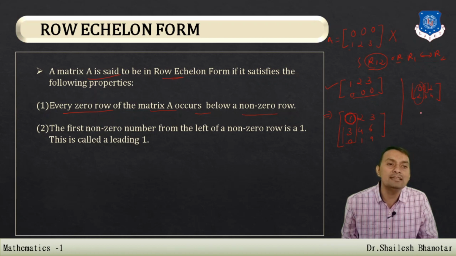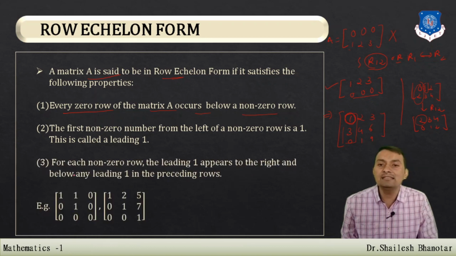But this is not the case. So in that case we apply the row operation, and then we get 2 3 4 and 0 1 2. Now we can say the first entry, 2, is a non-zero entry in the first row when we observe left to right.